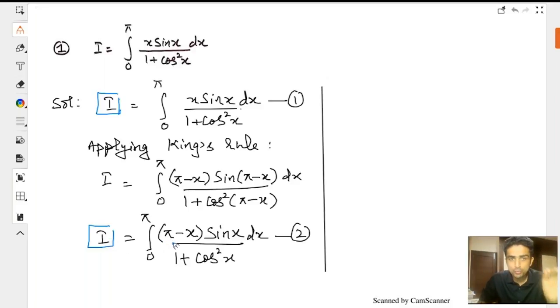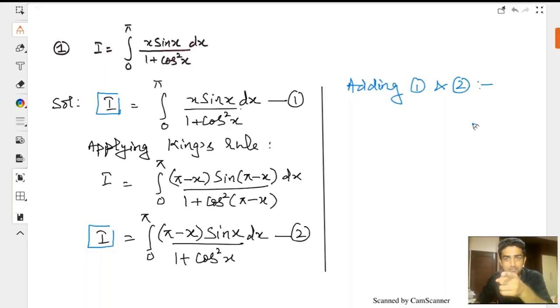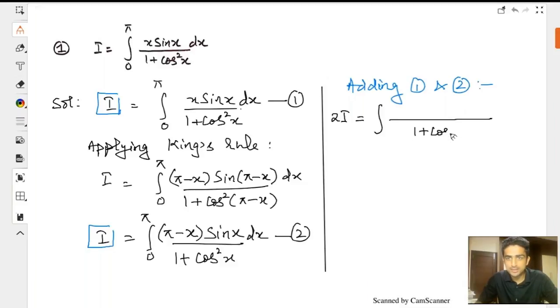Whenever you want to remove x from the integral, we apply King's rule and then we add both I. This step is very important. Adding 1 and 2. Students generally apply this property but forget to add. Guys, this is the addition part which will cancel this x. Now on left hand side we get 2I and on right hand side, denominator of both is same, so we take it as LCM.